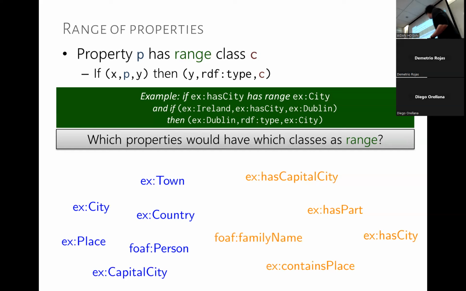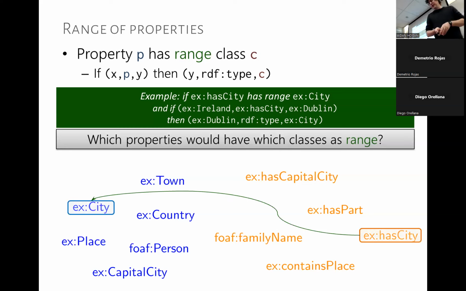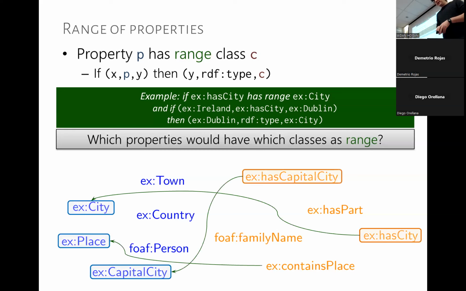Family name. In this case, we don't have it, but the range would be maybe a string or a literal. Has city. Do we have a good range for has city? It would be city. Contains place. Say the range is place, right? So has city, city, has capital city, contains place here, place, and I think that's about it.